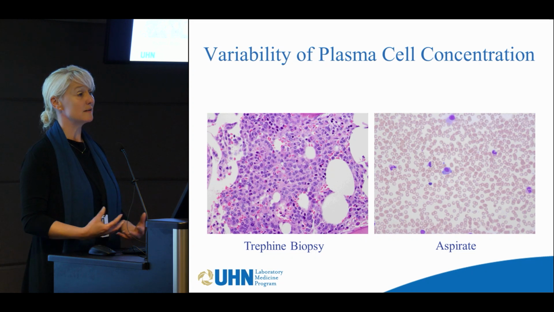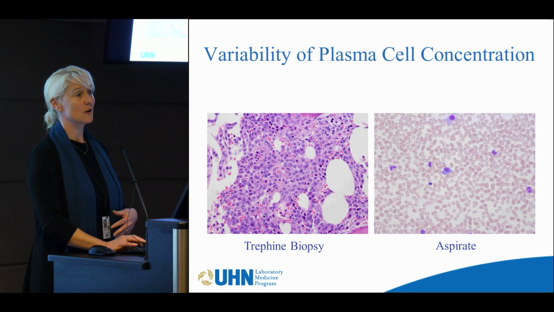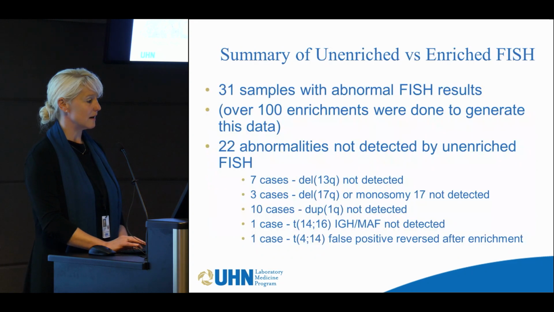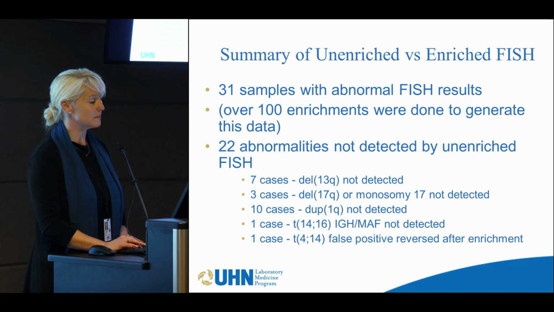And within cytogenetics, we're improving our sensitivity significantly. So in summary, of the 31 samples, we found 22 abnormalities that were not detected by the unenriched FISH. And for all of these, an amended report was sent out for these patients once we validated our technology.